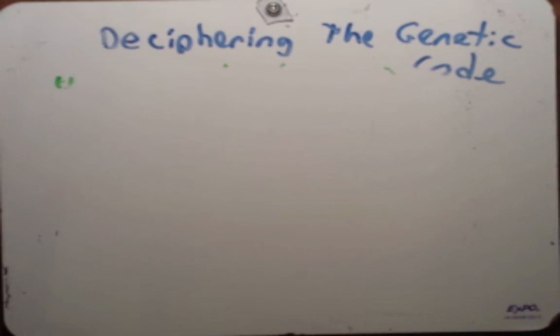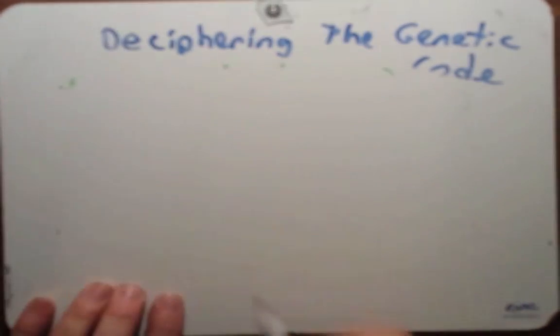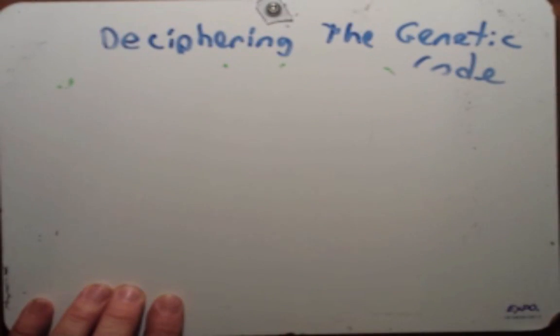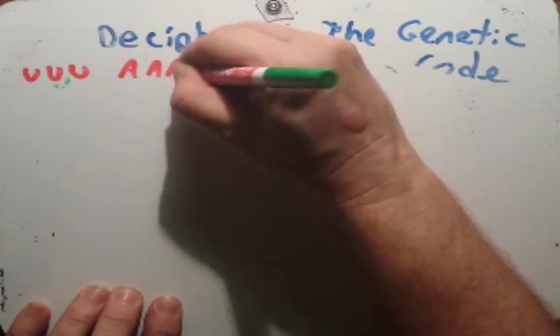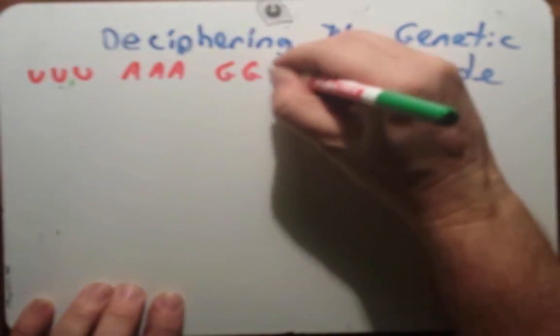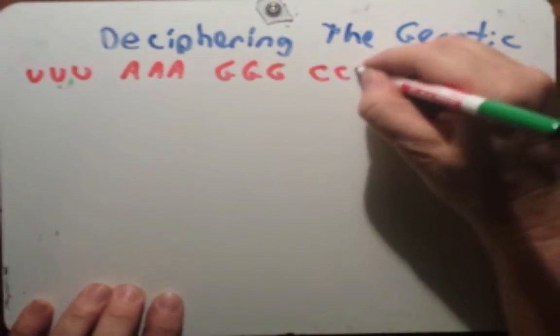I want to talk about the experiment they did, but in a very abbreviated manner. They first were able to determine the genetic code for these codons: UUU, AAA, GGG, and CCC.